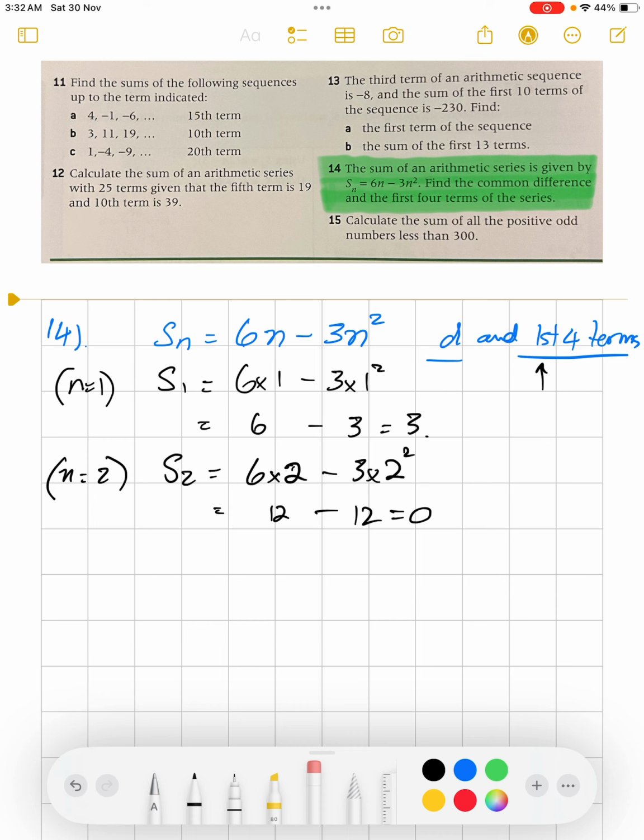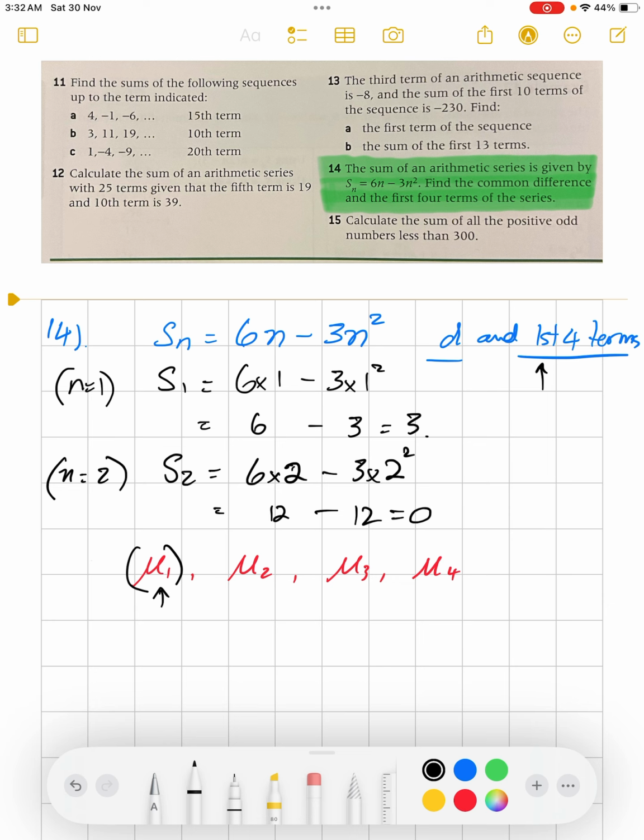Therefore, let's just show this as u1, u2, u3, and u4. The first term, second term, third term. We know that the sum of the first term is 3.